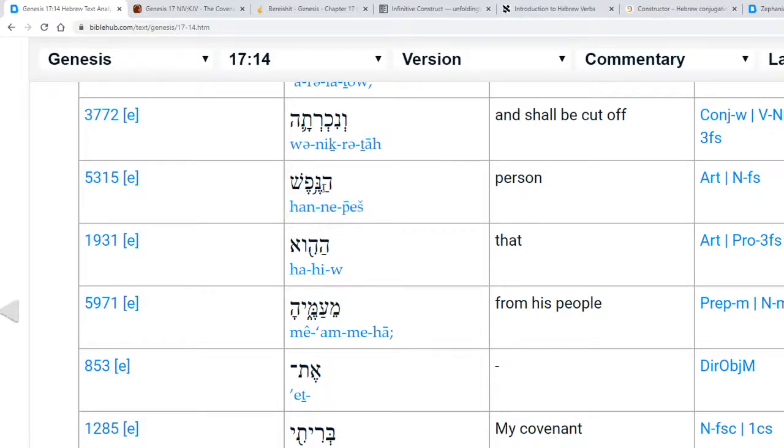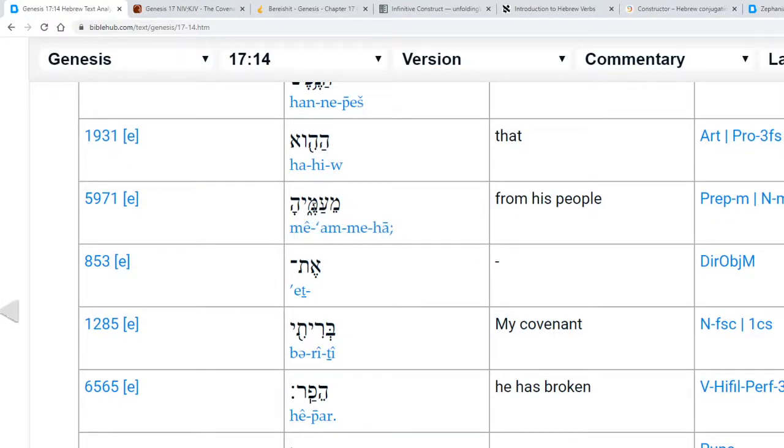And both of them have that article ha and hi because nefesh is in the feminine, hi is the pronoun in the feminine. So nefesh hahi, that particular person, right? Me'ameha. And again, because nefesh is in the feminine, ameha means her, from her people. Am means people, ameha is her people. The prepositional mem means of or here from.